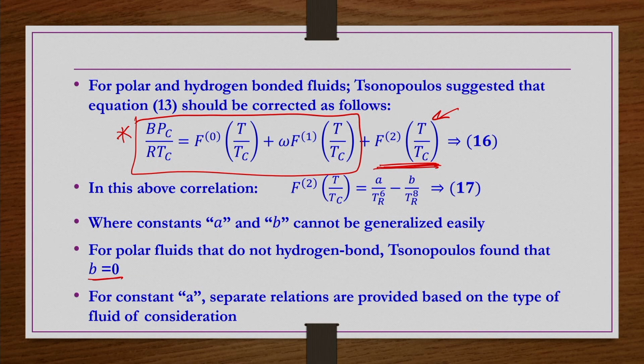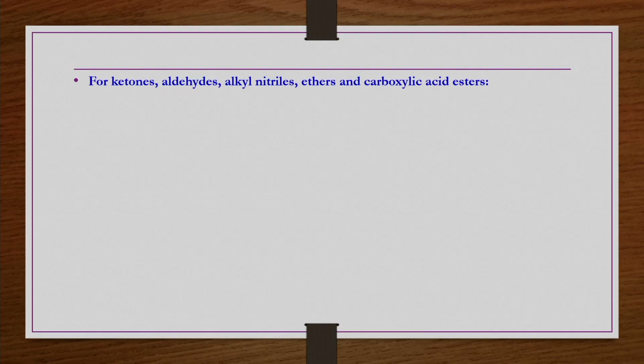For ketones, aldehydes, alkyl nitriles, ethers and carboxylic acid esters etc., Tsonopoulos proposed the correlation A equals minus 2.14 times 10 power minus 4 mu r minus 4.308 times 10 power minus 21 mu r power 8.